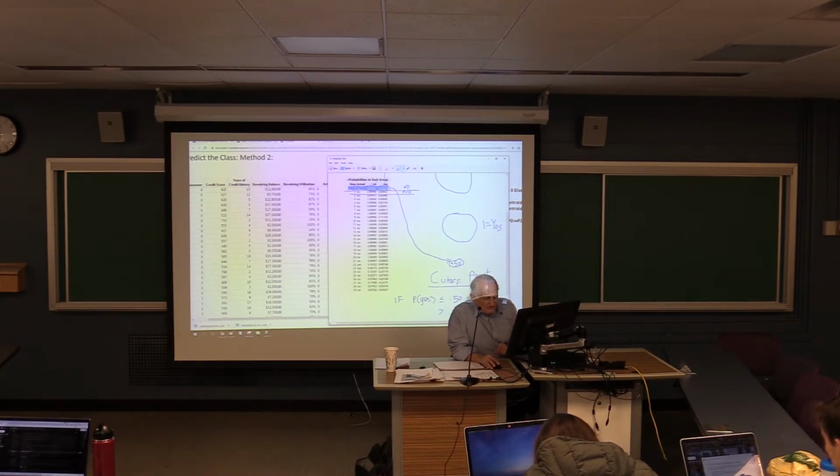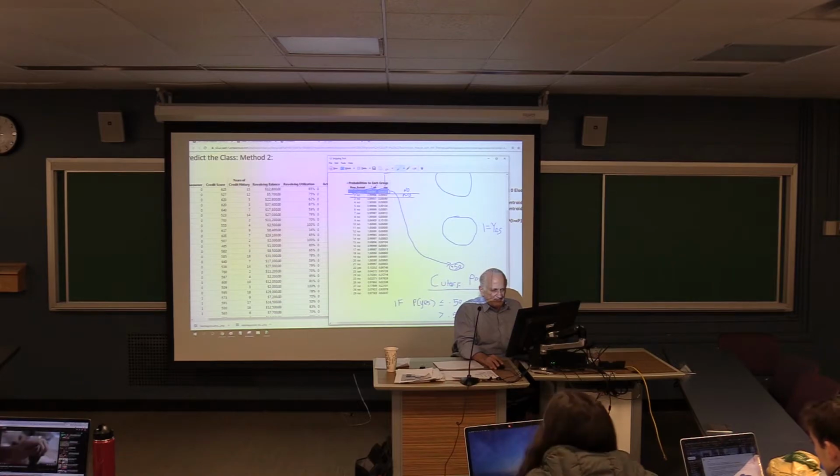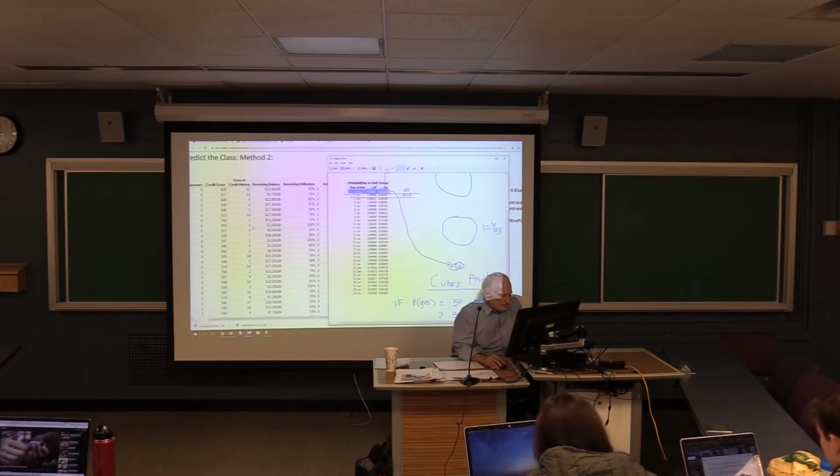Okay? So this is what it's really doing, but you can also use these probabilities the way I explained. Assign the observation to the class with the highest probability. That's all. Okay?